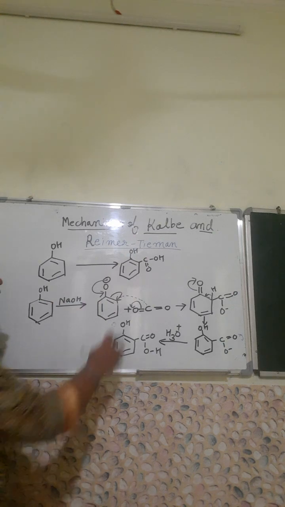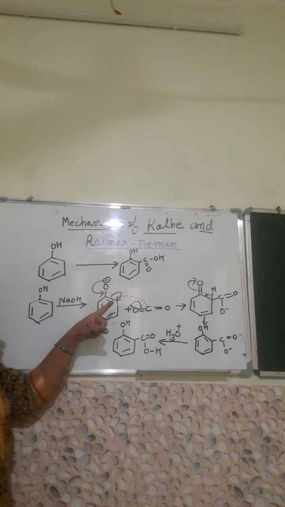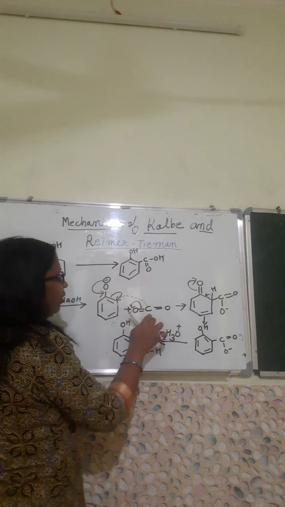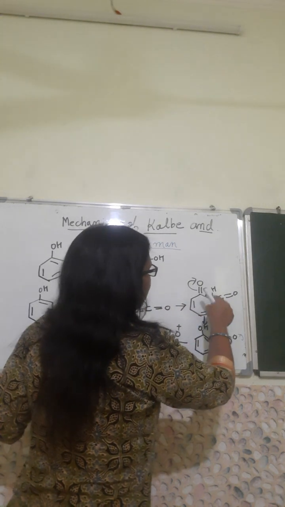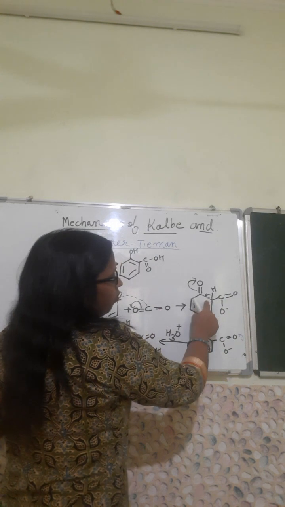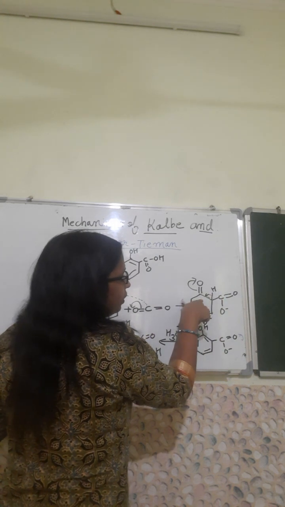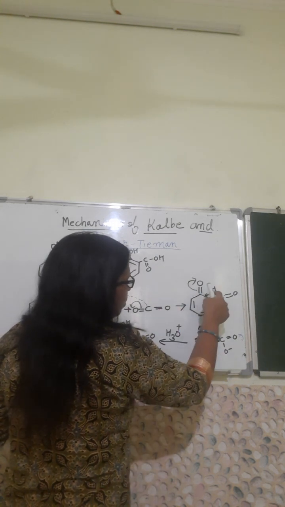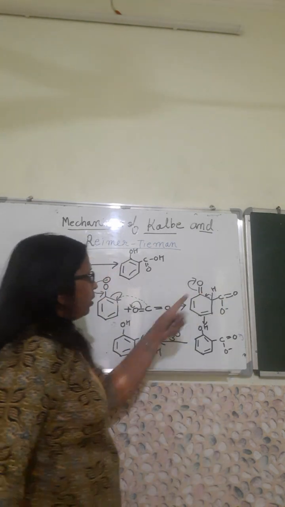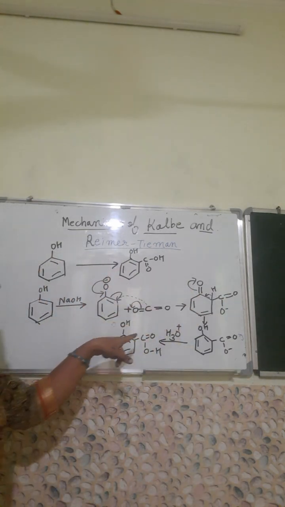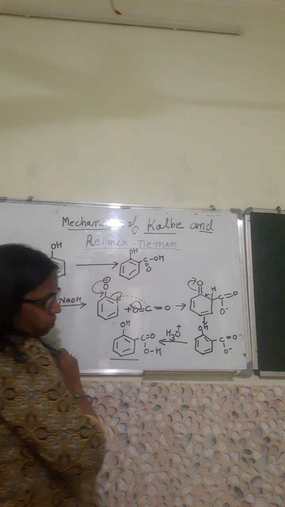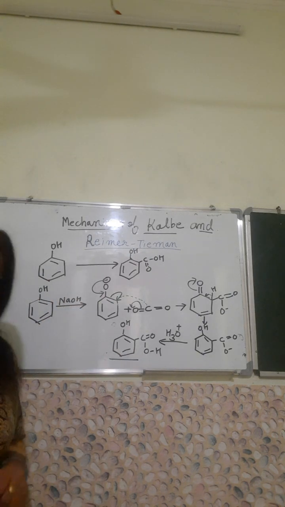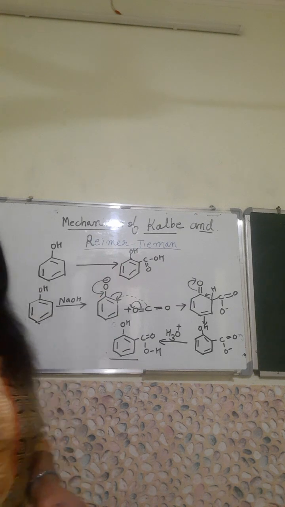At the ortho position it gets the negative charge, so the positive carbon attacks here. This hydrogen forms a positive charge by delocalization of the electrons. This H is removed from here because it again forms the phenoxide ion, and we get salicylic acid. Is it clear?